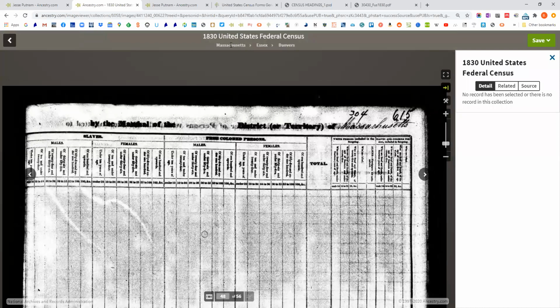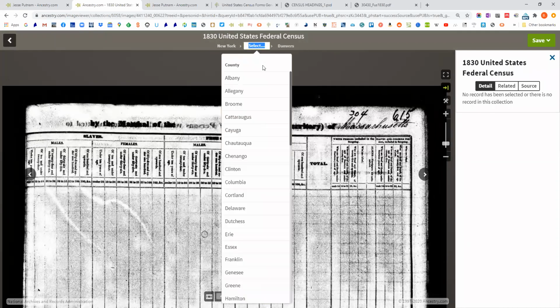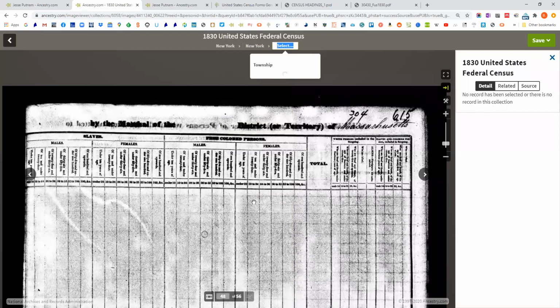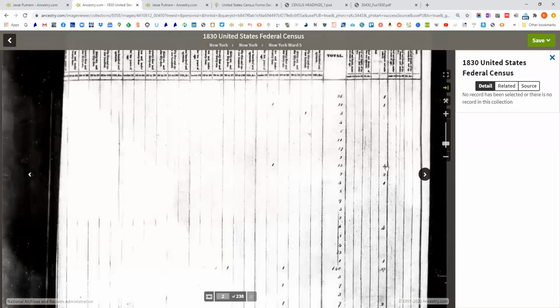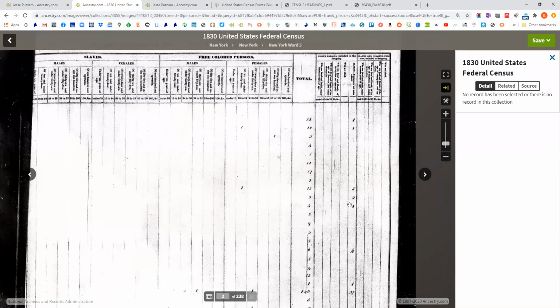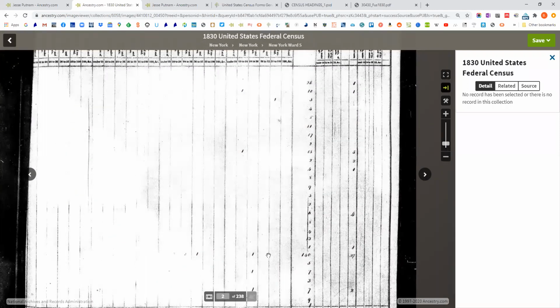So let's look just for interest to see. Let's go to New York and New York County. Yeah, so here you are getting people who are not naturalized citizens being listed.